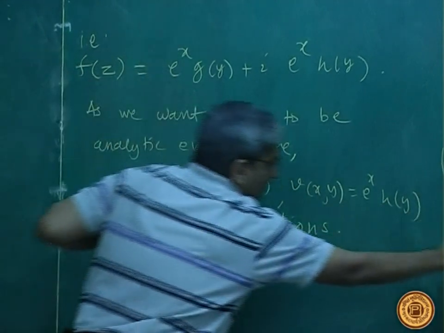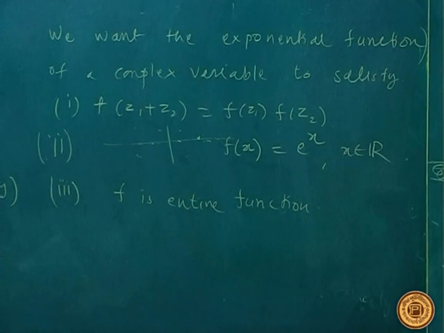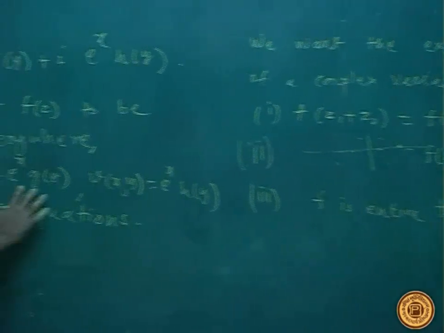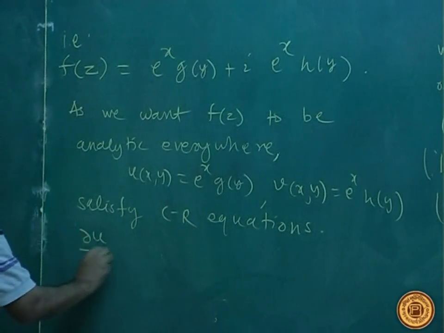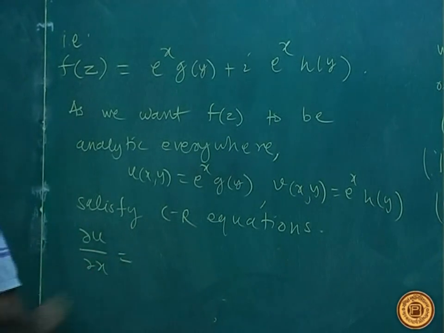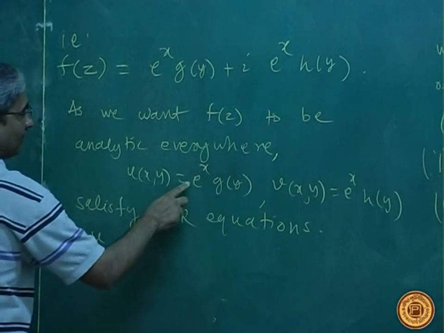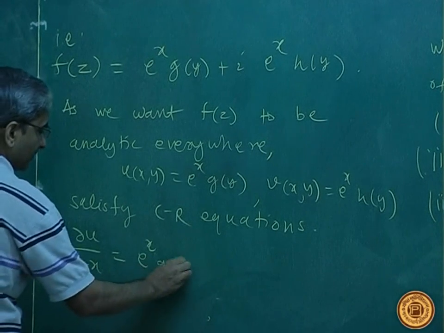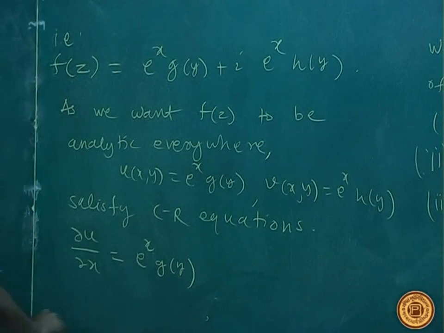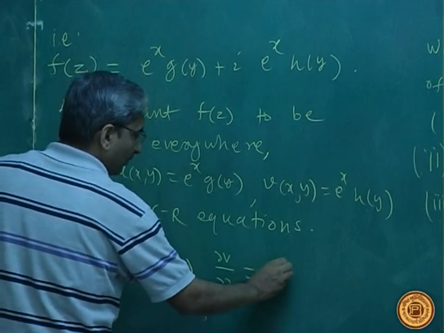So now by using the third, the real and imaginary parts of f must satisfy Cauchy-Riemann equations. So u is this and v is this. So ∂u/∂x is what? This is a function of y, so the partial derivative with respect to x is e^x g(y), and similarly ∂v/∂x is e^x h(y).